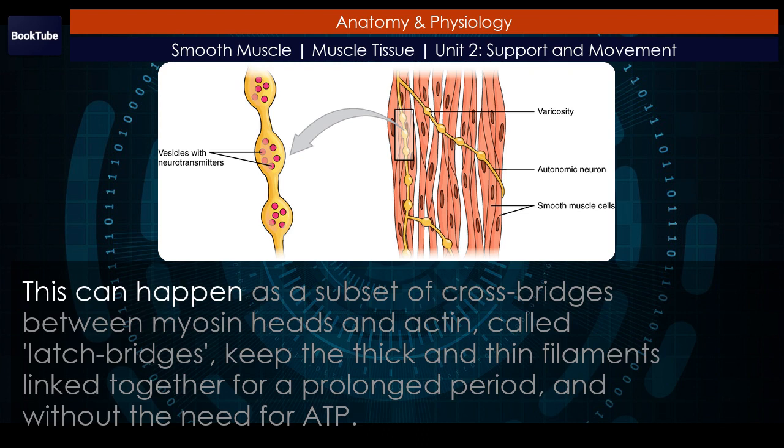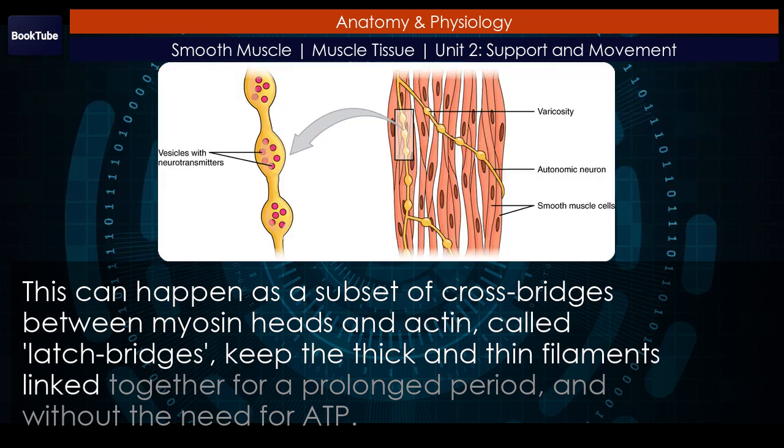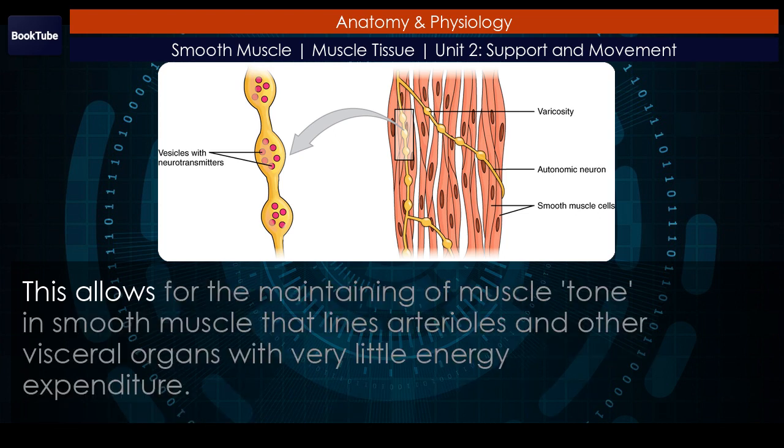This can happen as a subset of cross bridges between myosin heads and actin, called latch bridges, keep the thick and thin filaments linked together for a prolonged period, and without the need for ATP. This allows for the maintaining of muscle tone in smooth muscle that lines arterioles and other visceral organs with very little energy expenditure.